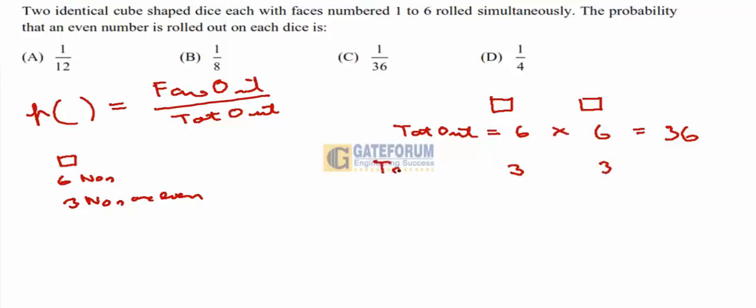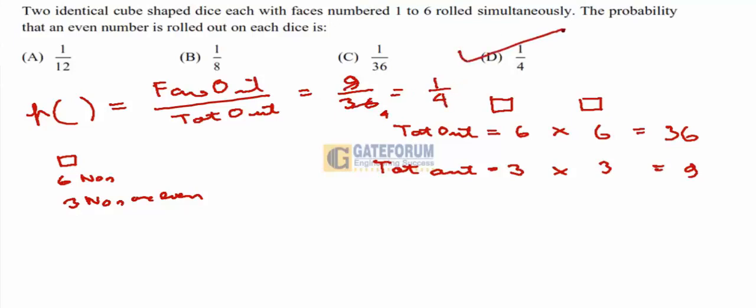So the total outcome would be 3 into 3, that is 9 ways. So the probability is 9 divided by 36, that is equal to 1 by 4. Let's go to the next one.